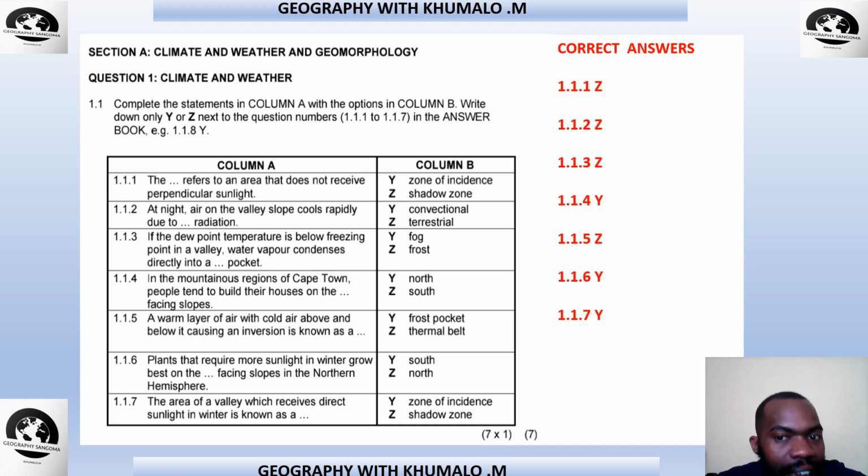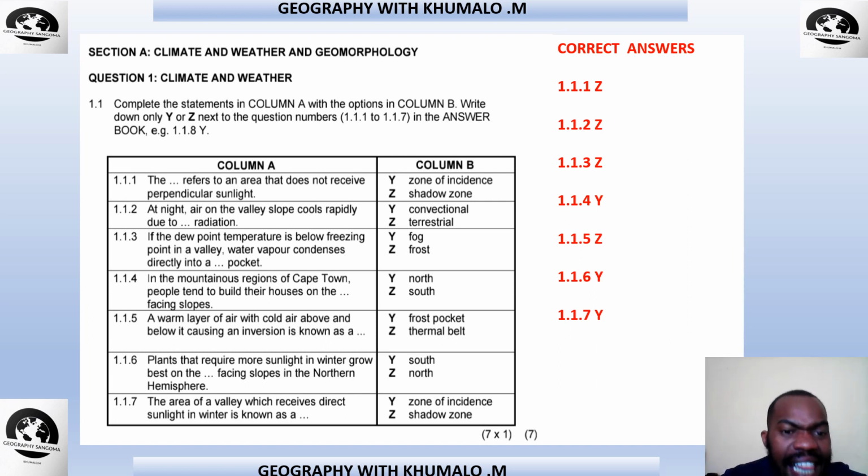So the answer there is terrestrial radiation. Now, 1.1.3, if the dew point temperature is below freezing point in a valley, water vapor condenses directly into a pocket. It is directly to what, grade 12? It is directly to frost pocket. We don't have fog pocket, we have the frost pocket. That was simple.